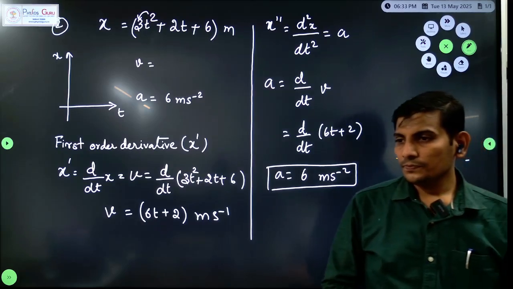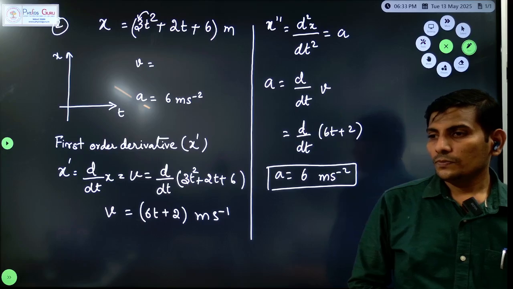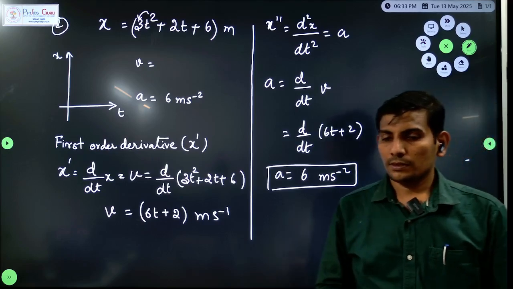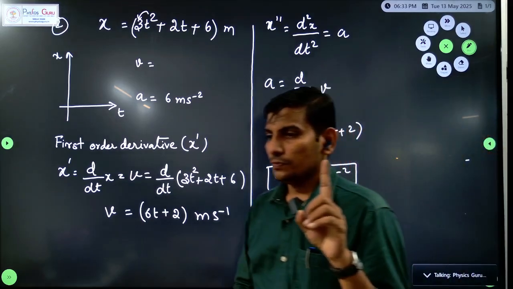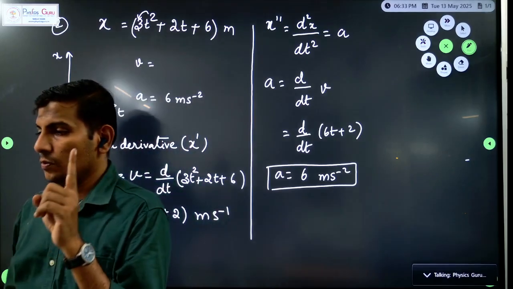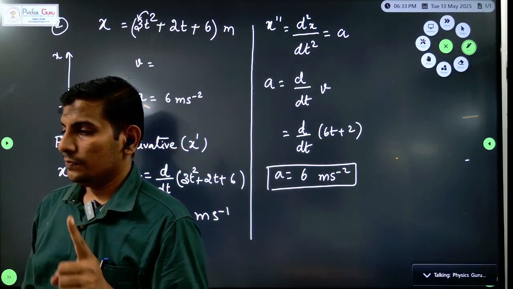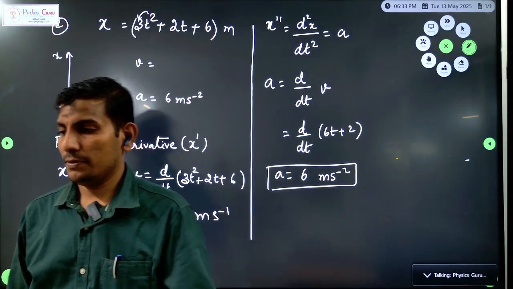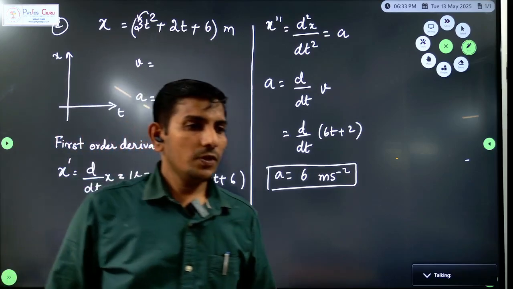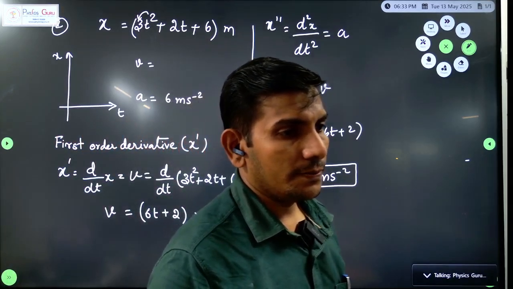If the highest power of time is 1, then velocity is constant.